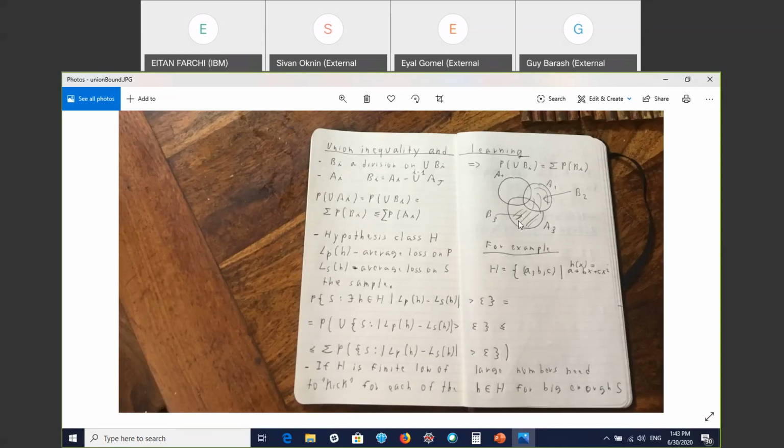And the third Bi is A3 minus the union of A1 and A2, and so forth. So first I take A1, then I take what remains from A2 once I take away A1, and then I take A3 once you remove A1 and A2.